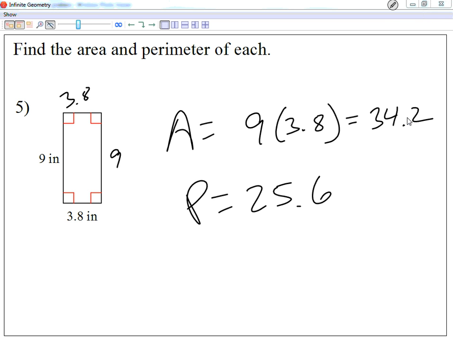If you're interested in the measurements, this is inches squared, and here it is just inches. Once again, I'm interested in the number. You guys forget the measurement. I know your chemistry teacher, your physics teacher, they do care. For perimeter, just add all the sides. 9 plus 3.8 plus 9 plus 3.8.